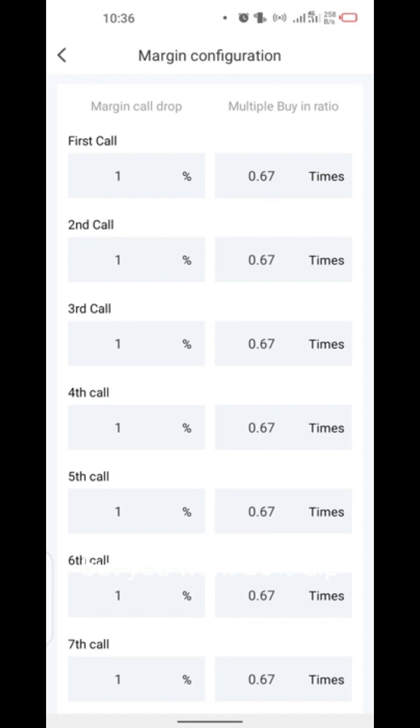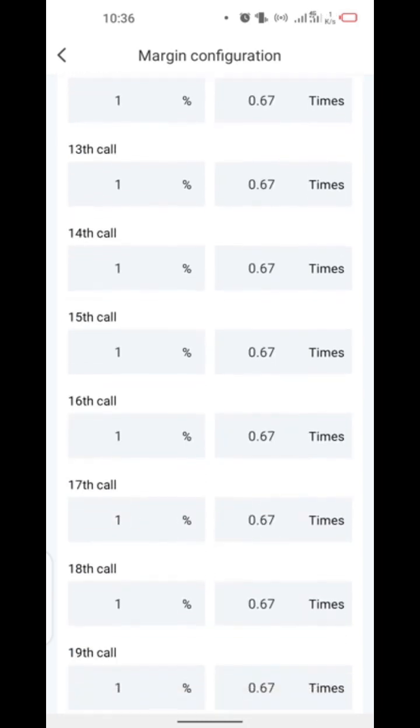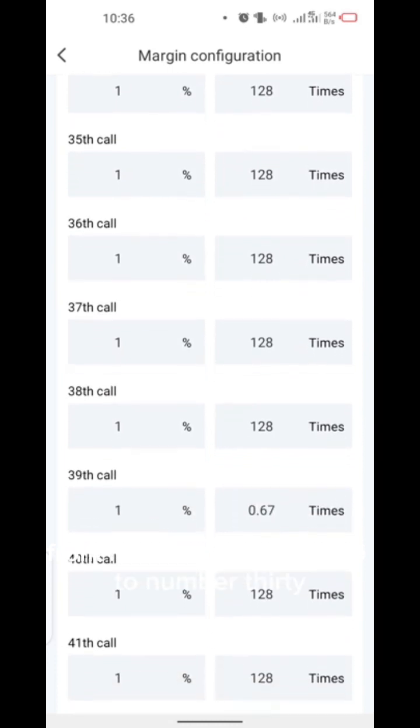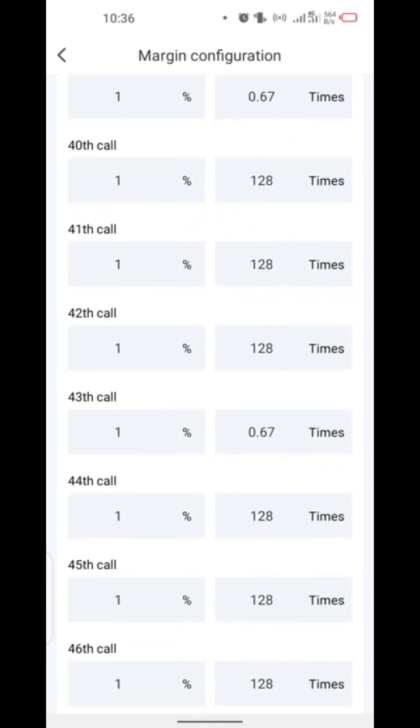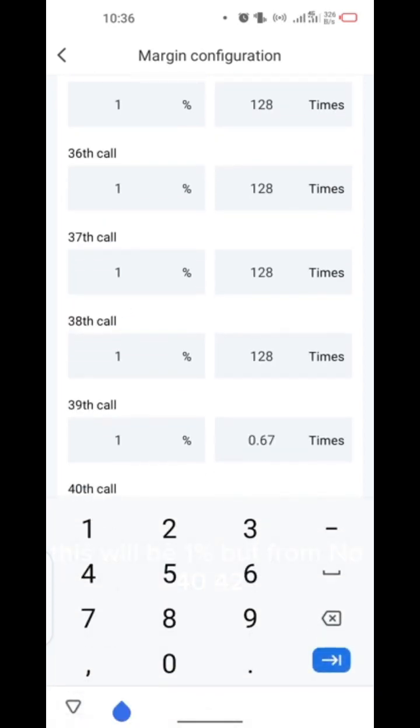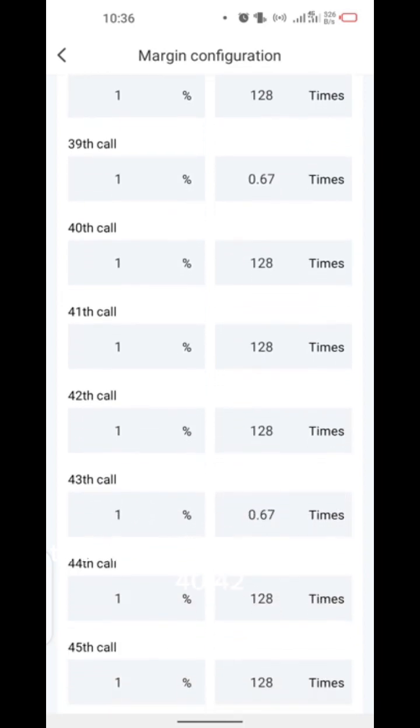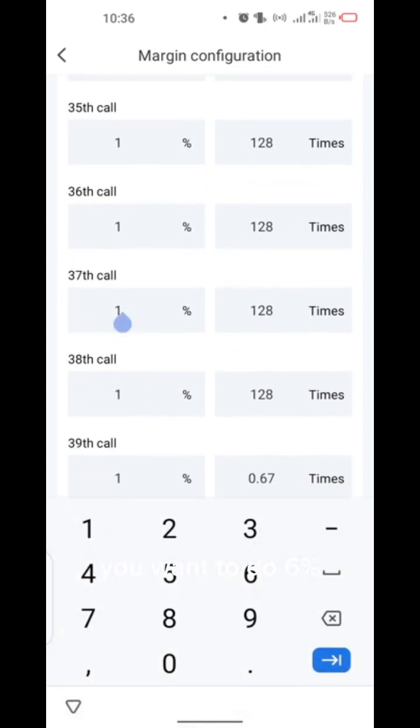But you want 80% deep. So you are going to say, okay, let me say up to number 41, this will be 1%. But from number 42, you want to do 6%.